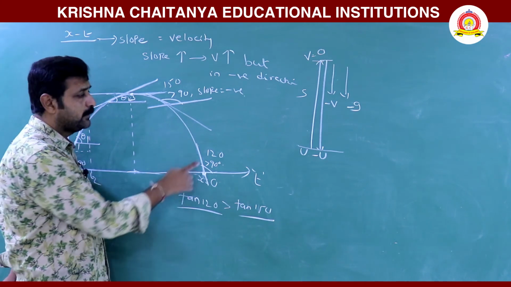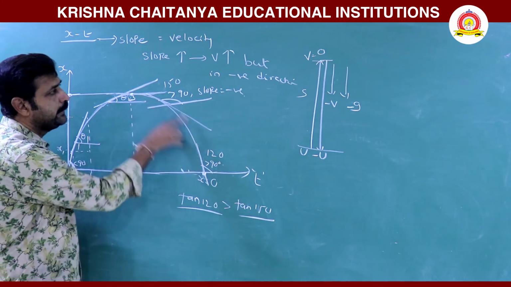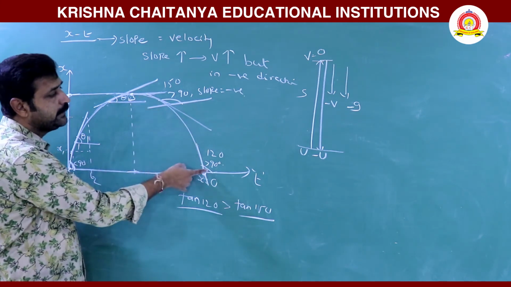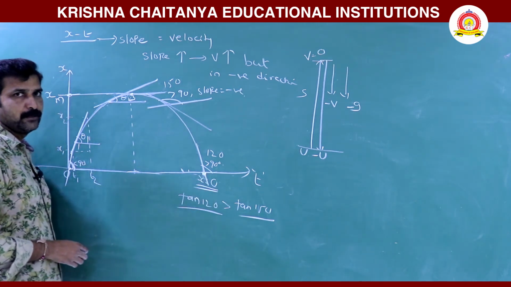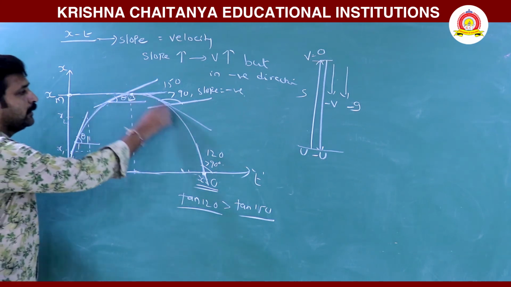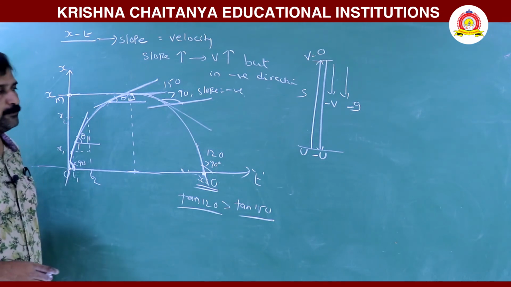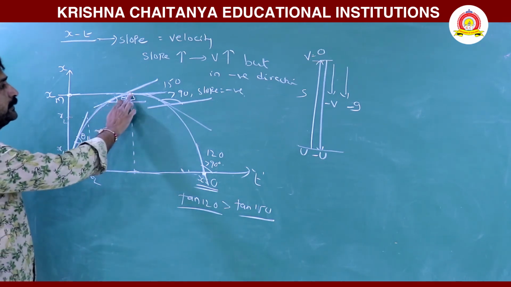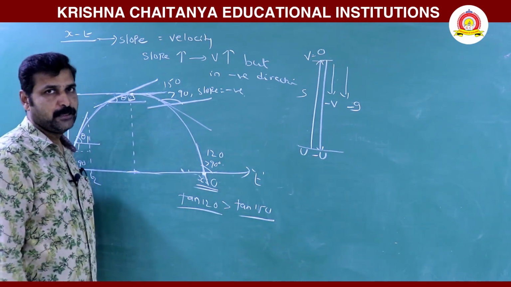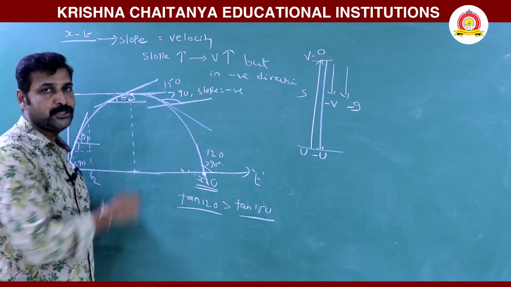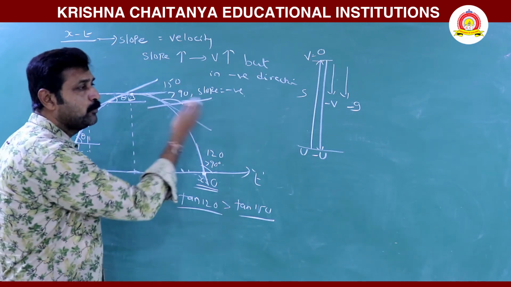Both are equal, but this is in the negative direction and this is in the positive direction. So for this graph, slope increases, meaning velocity increases, and on reaching here, position reaches 0. So this is the complete position-time graph for vertical motion, the motion under gravity. Up to here it is vertically projected upwards; from here it is a freely falling body. Based on this position-time graph, we can draw the velocity-time graph for the same motion.